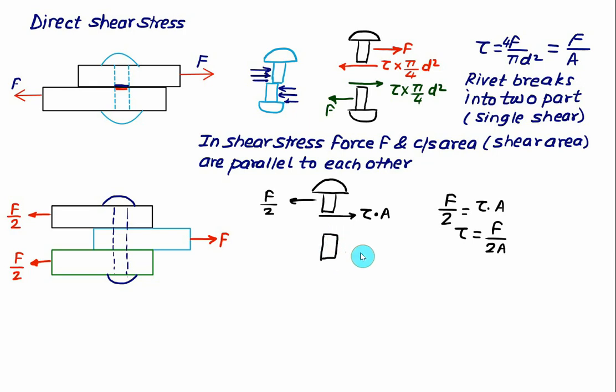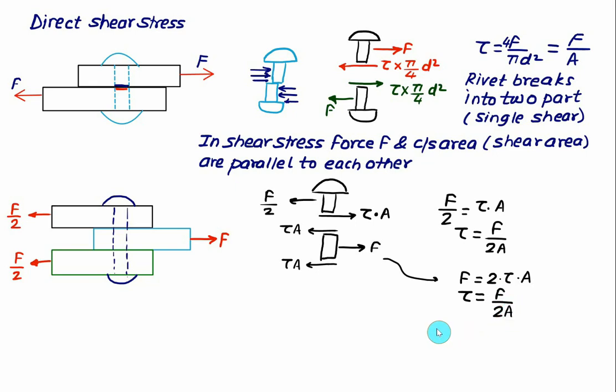In this case, the force will pull it to the right, equal to F, and this value will be equal to tau multiplied by area, as well as this value is also equal to tau multiplied by area. For this case also we can write F is equal to 2 times tau multiplied by area. Again we get the same answer, that is tau is equal to force upon 2 times area.